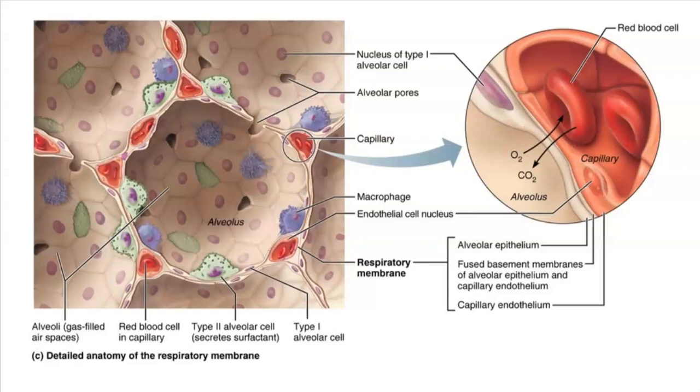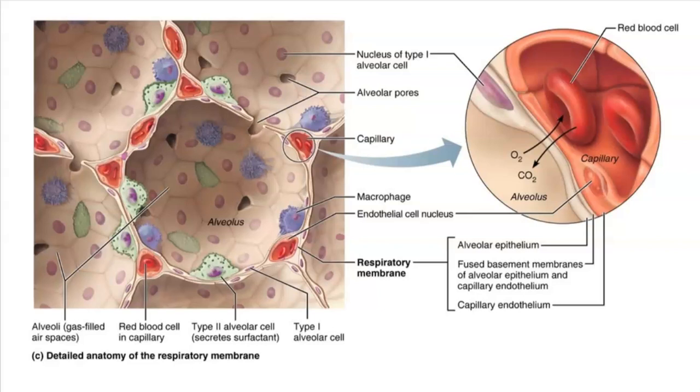The alveolar epithelium is a simple squamous epithelium, so the bulk of this epithelium is composed of what are called type 1 alveolar cells, which function to give structure to the alveoli. These cells, as you recall, are flat cells and they're very thin, which makes them ideal for gas exchange.